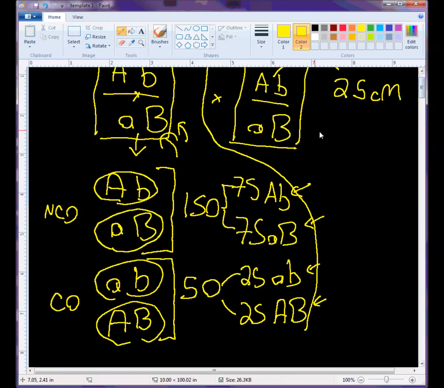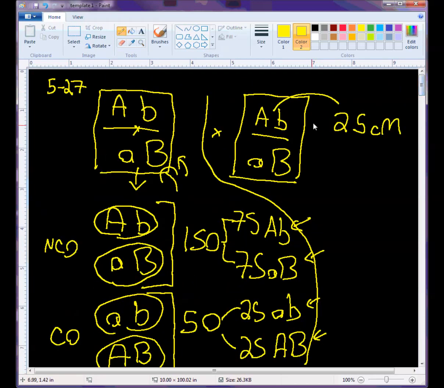The same thing should happen with this one over here, because it's the same genotype, same arrangement of alleles.